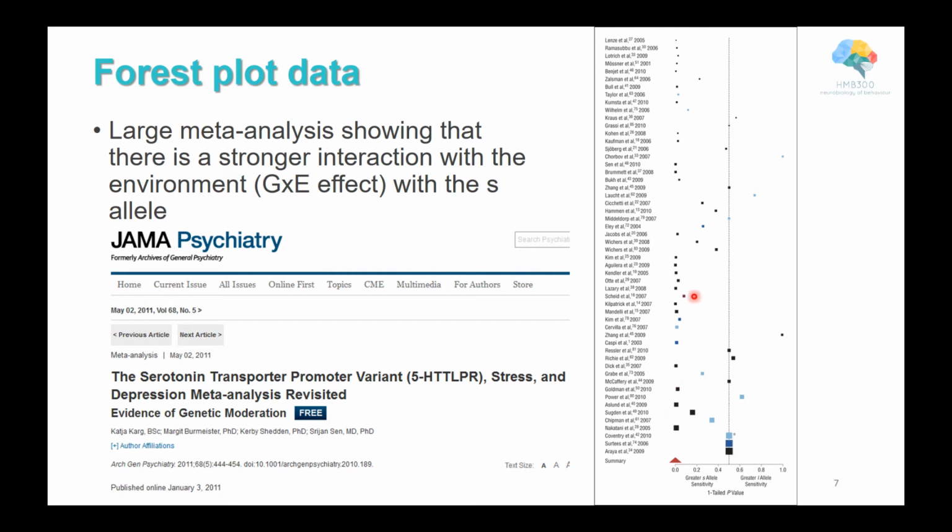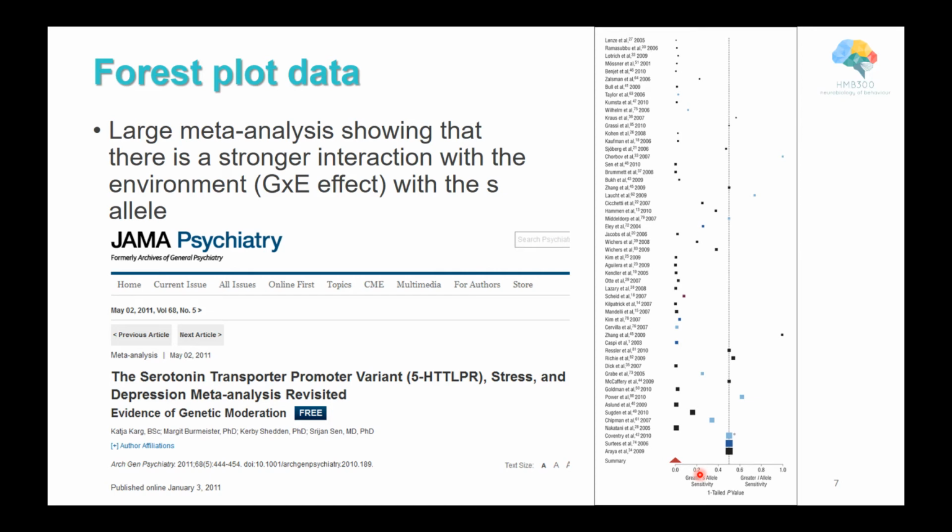All of the data actually shows that we have very strong evidence, at least in this meta-analysis, that the S allele confers susceptibility to developing depression. So you take all the data here, all these little dots that you see running along the left, you pile them all up, that becomes like a lot of proof from published papers that the S allele actually is going to have a big effect on developing depression.